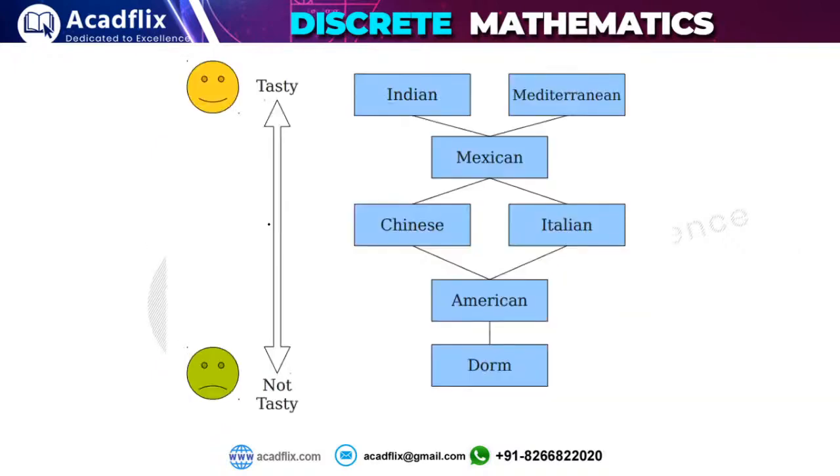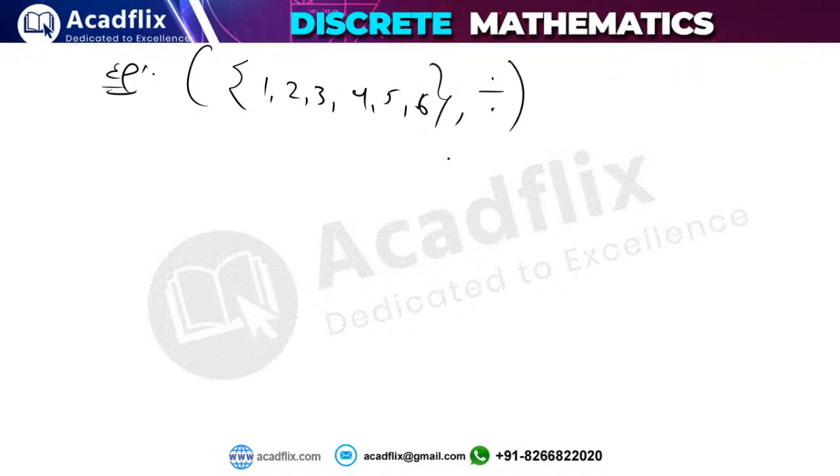Let's take one example. Let's assume we have 1, 2, 3, 4, 5, 6, and division. So this is your poset. First of all, you can see this is reflexive.